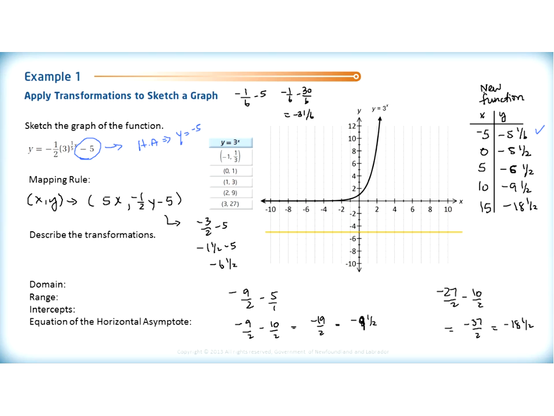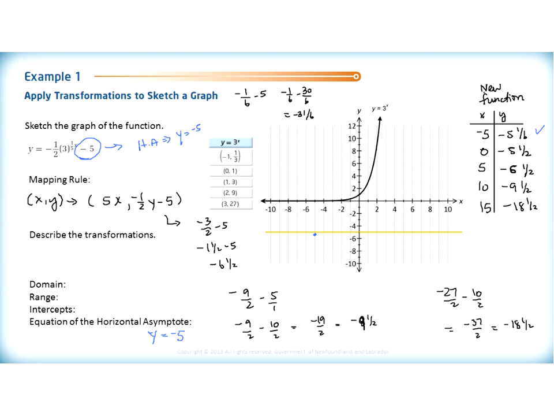I know it asks for that down here, but I've just done it up above, right? So here's my horizontal asymptote. Now let's plot our points. Negative 5 and negative 5 and 1/6, about right there. I've got 0 and negative 5 and a half.